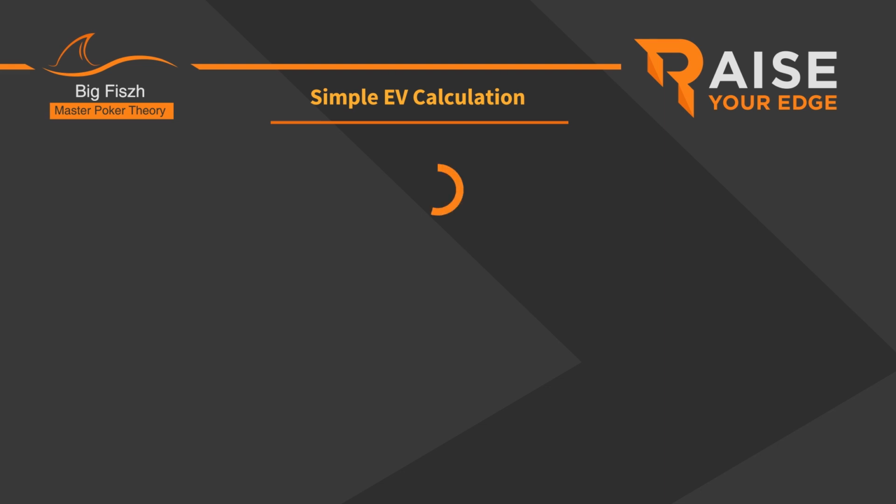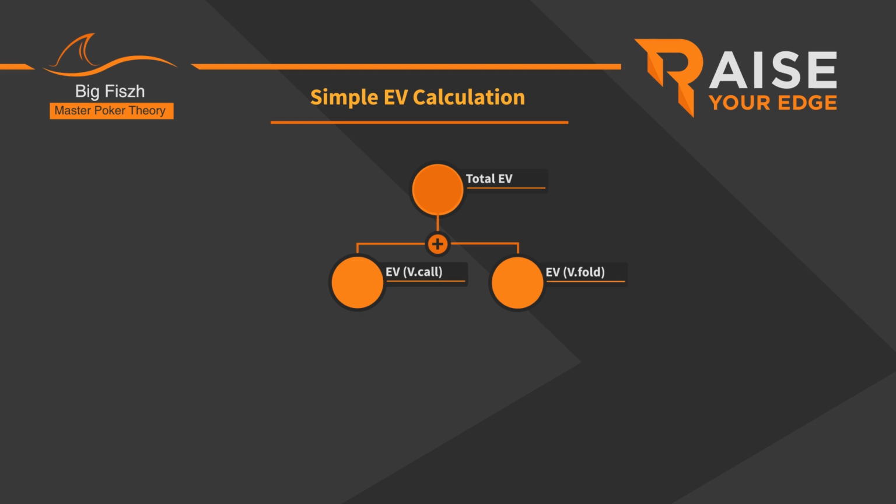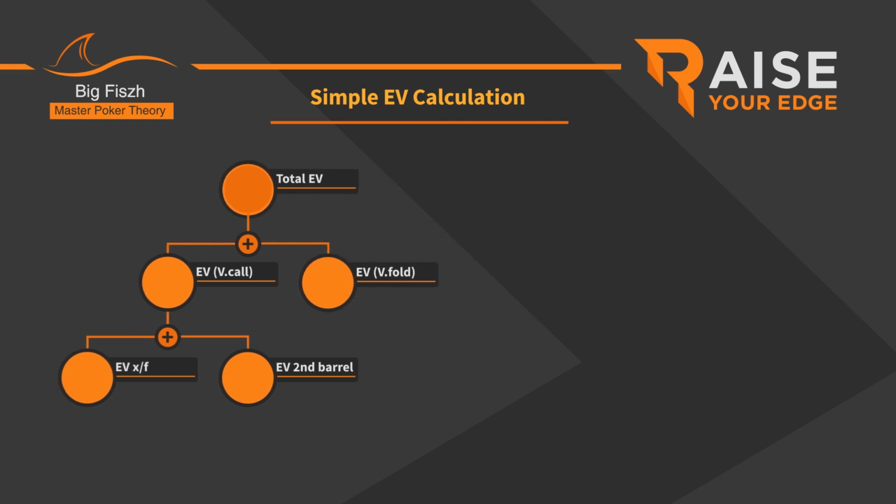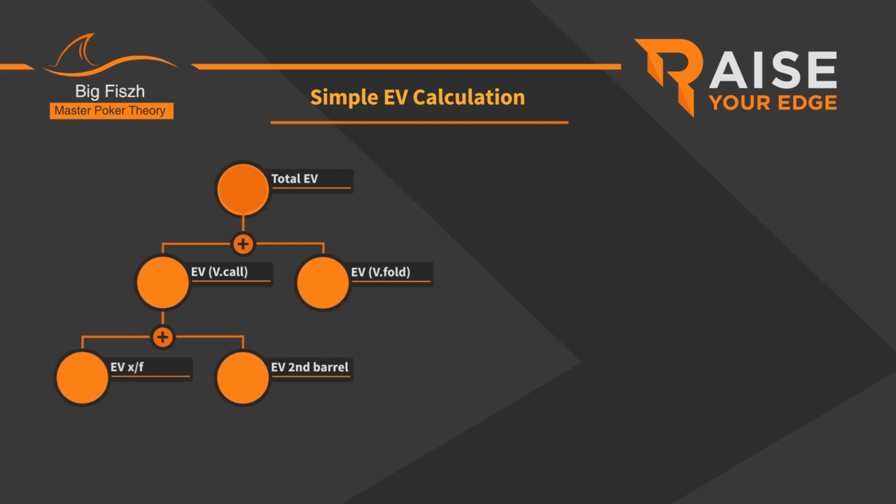Let's visualize that with this simplified little game tree you can see here. So we have a root element, which could be a bet from us, and we have 2 different outcomes. Villain can either call or he can fold. If he calls, we can either check and fold on the next street, or we can fire a second barrel. For the sake of simplicity, I omitted any other options here. Now imagine each of these bubbles has a certain probability of occurring.